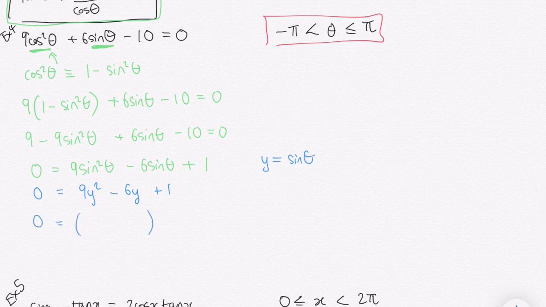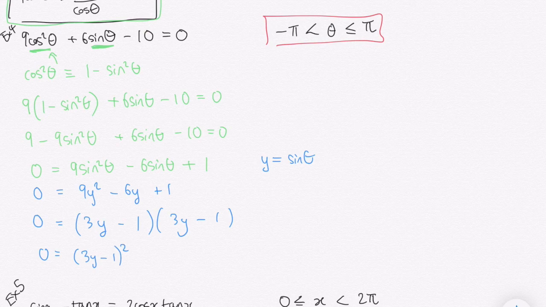Well, we're going to need a 1 at the end of each of these. And actually, either they are both positive or they're both negative, but we need a minus 6y, so they are both negative. And if we have a 3y here, a 3y here, so actually what we have is 0 equals (3y minus 1) squared.